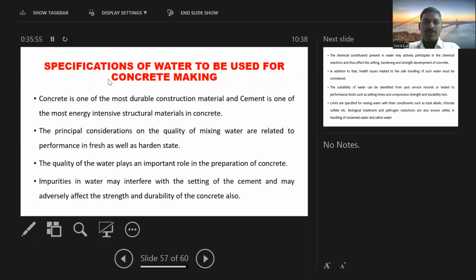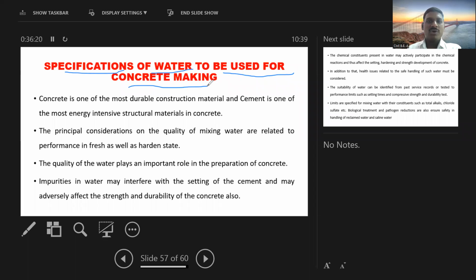Concrete is a mixture of cement, sand, aggregate, and water. So these are the four main ingredients of the concrete: cement, sand, aggregate, and water. Sorry, the last part of the ingredients of concrete is water. So the specification of water to be used for concrete making.